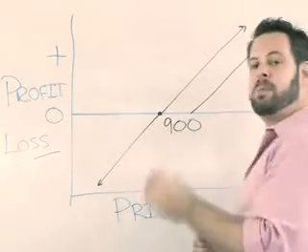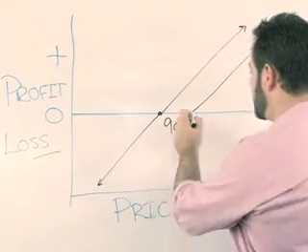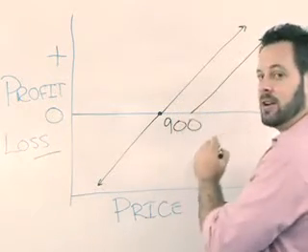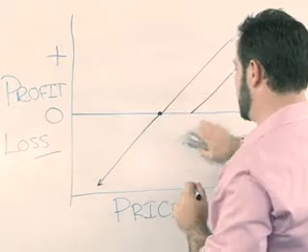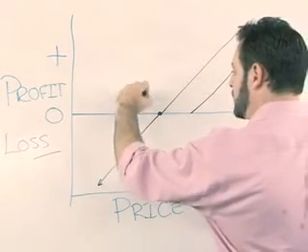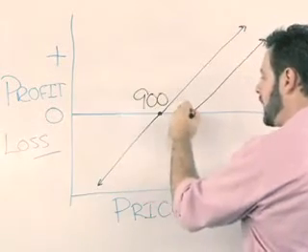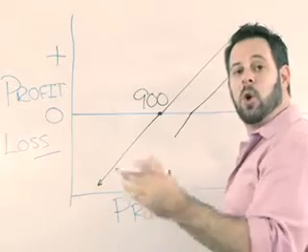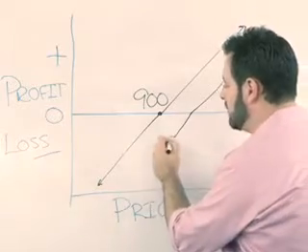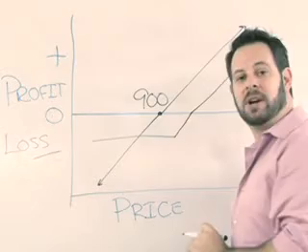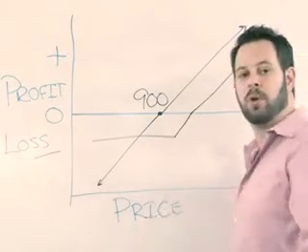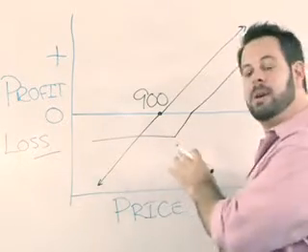However, because we must pay for that right, our break-even level is slightly higher than it would be for the stock. The advantage of this, though, instead of profiting or losing right at 900, with a call option, we can only lose the amount of premium we have spent for buying that option. No matter how low the price goes, we cannot lose any more than that one particular premium that we have paid.